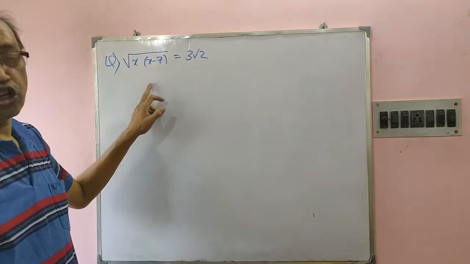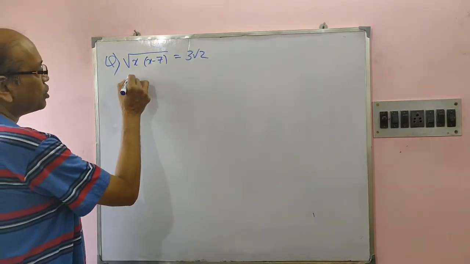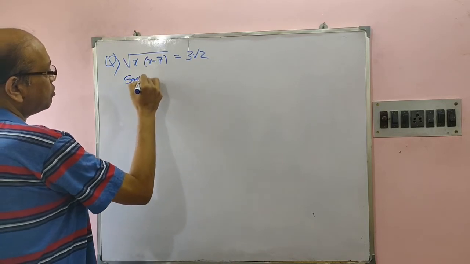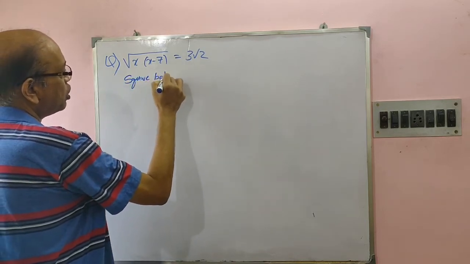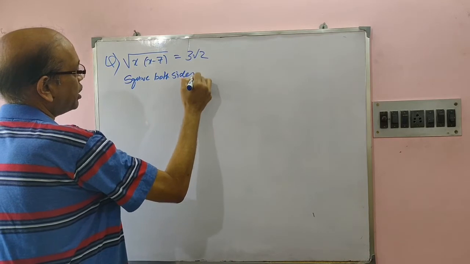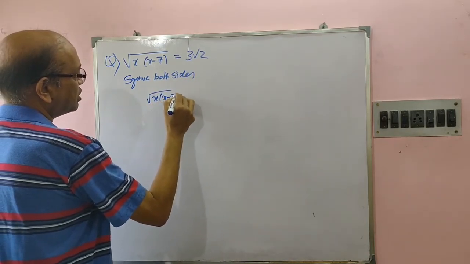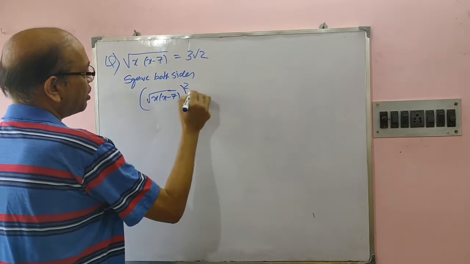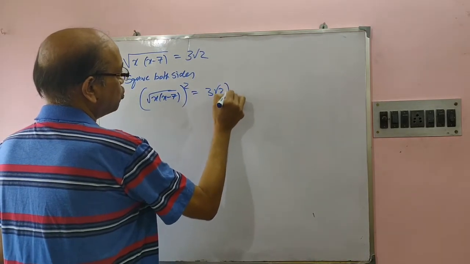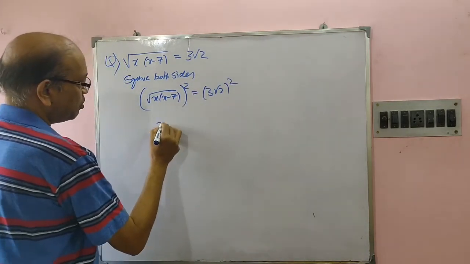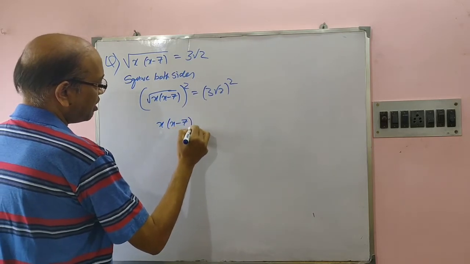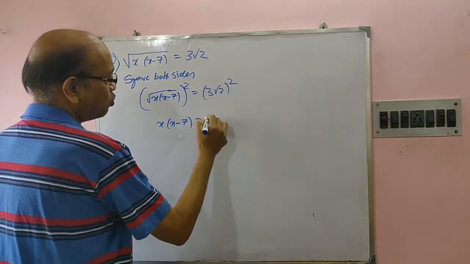Again, a question on square root. Step: square both sides. So what do I get? Root of x into (x minus 7) whole square is equal to (3 root 2) whole square. So this becomes x into (x minus 7) is equal to 9 2s are 18.